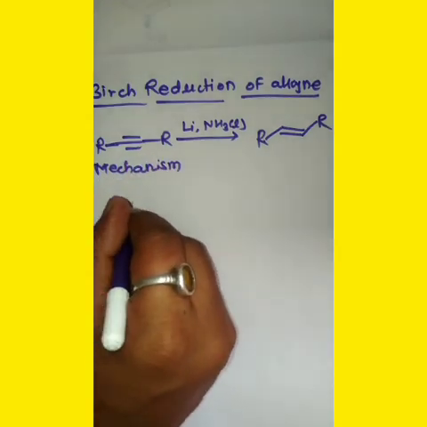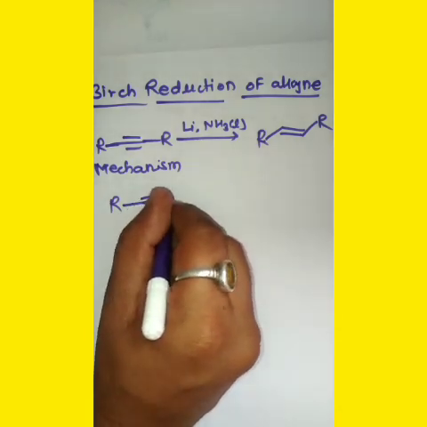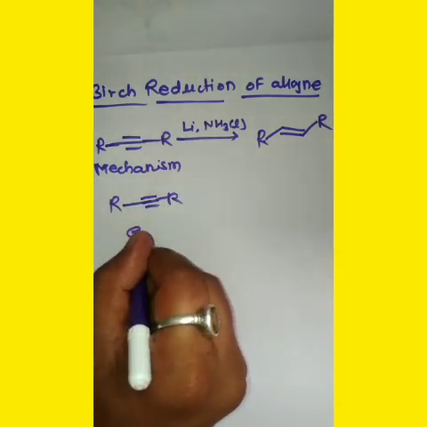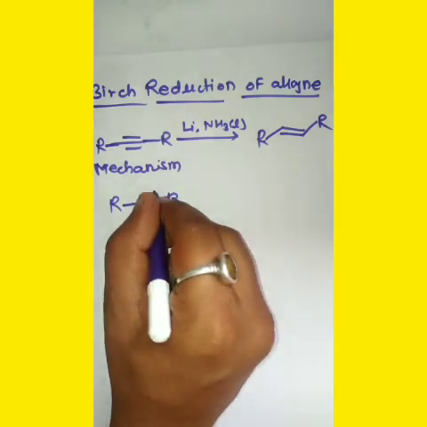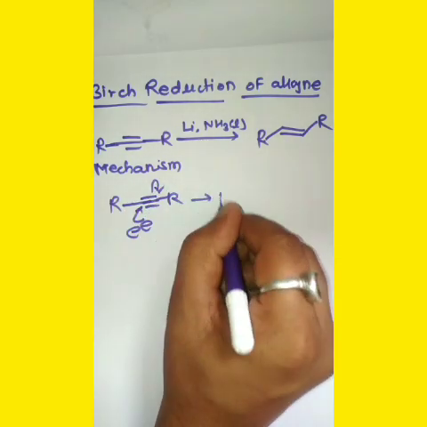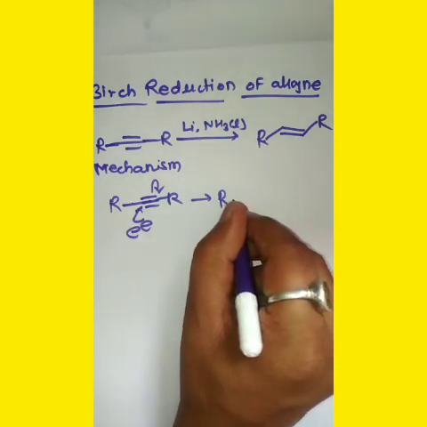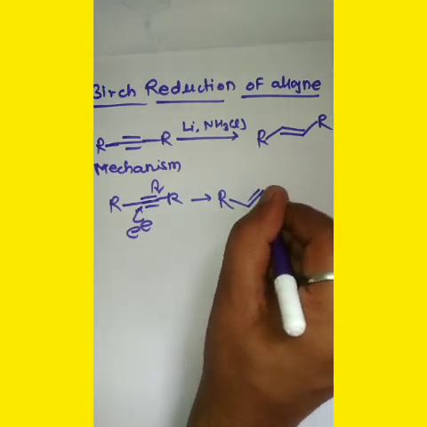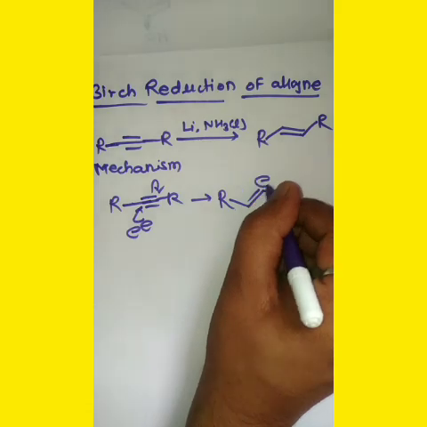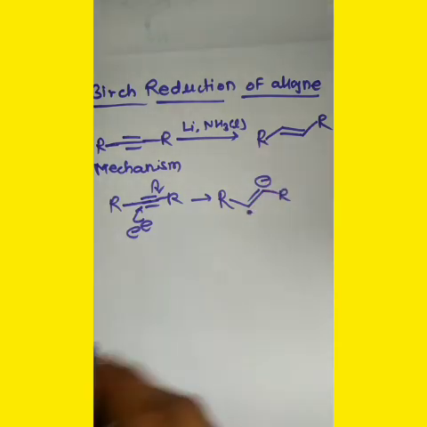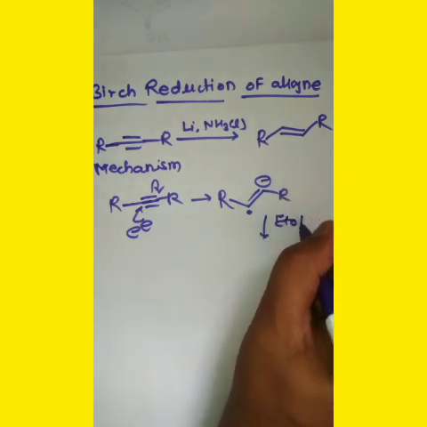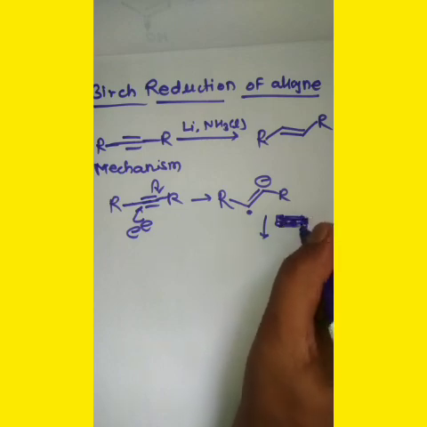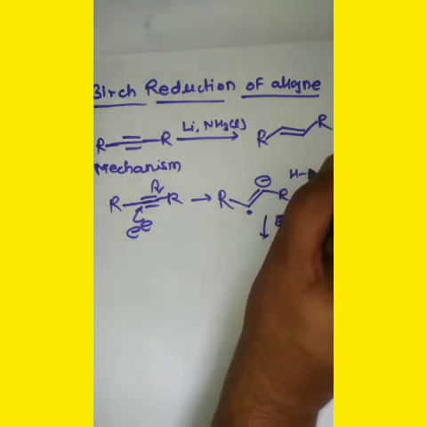First of all, solvated electrons add to these positions. We get the radical anion. This radical anion abstracts the proton from ammonia.